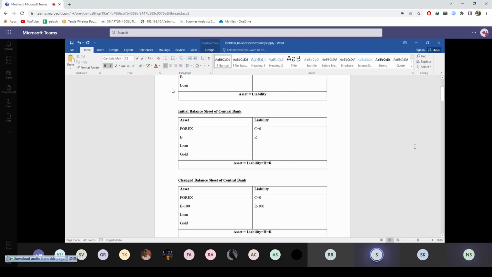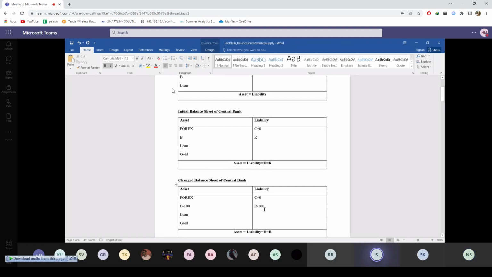The central bank sells bonds worth rupees 100 to the commercial bank. That's the kind of open market operation the central bank has done. What change do you observe here? The bond is sold at 100, so B changes to B minus 100, right? And R falls to R minus 100, right?